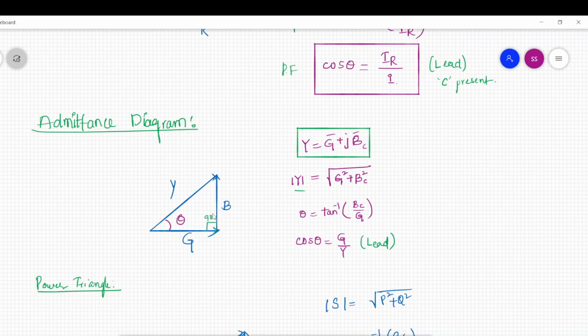The sum of these two phasors gives us Y bar, the admittance. If theta is the angle, tan inverse of capacitive susceptance BC by conductance G gives the impedance angle. Similarly, power factor equals G by Y, conductance by admittance, which is leading.